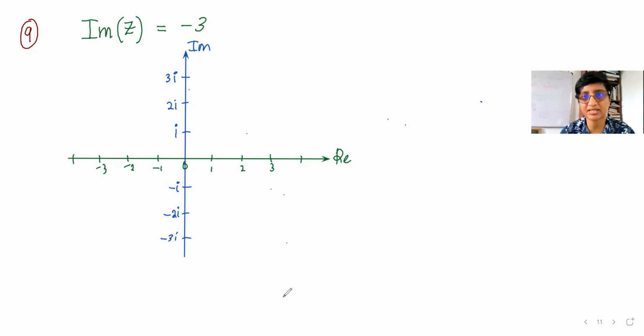We just discussed that 0 is not an example. You said that the imaginary part of 0 is 0. I am asking for a number whose imaginary part is -3.